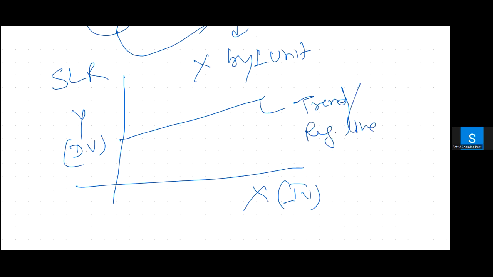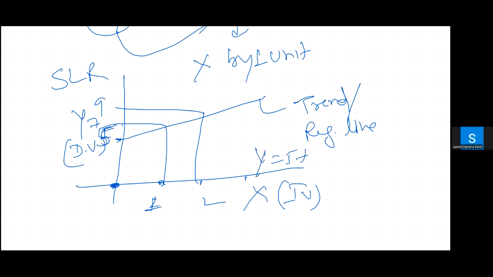This regression line talks about the relationship between x and y. When x is 0, y is equal to 5. When x is increased by 1 unit, y increases by 2 units, to 7 and 9, as per the equation that we have used, y equals 5 plus 2x.